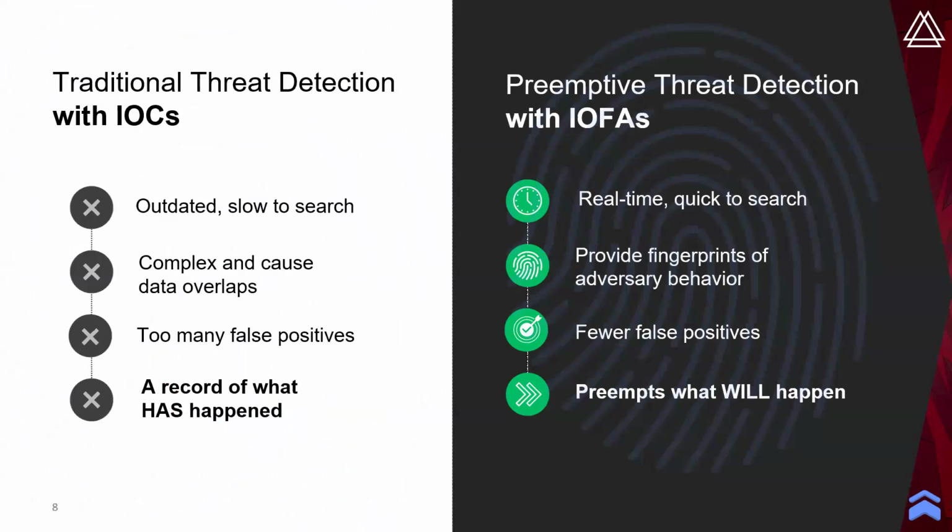So here, to fully understand the value of indicators of future attack, or again, those IOFAs, it's really helpful to compare them to indicators of compromise, or IOCs, which have traditionally been the foundation of threat intelligence. Now, IOCs are retrospective in nature.